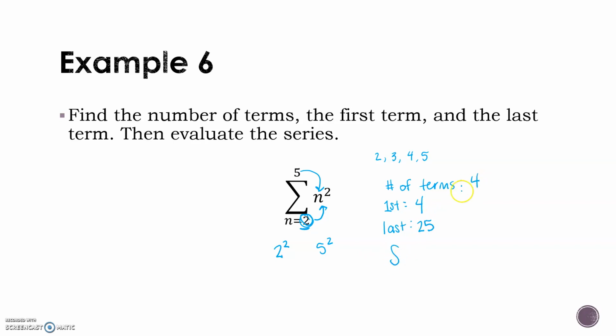Now I've got s sub 4 because there's 4 terms. Again, it's not just whatever the top number is. Equals 4 over 2 times 4 plus 25. That would give me 2 times 29, and that would give us 58.